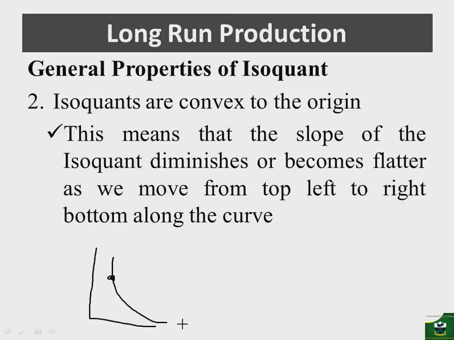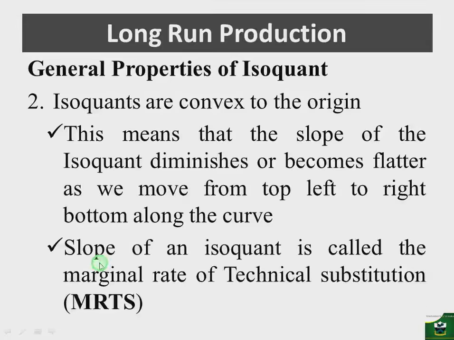In other words, the slope diminishes, and this gives you the convex isoquant. The slope of an isoquant, as termed earlier, is called the marginal rate of technical substitution, which is simply the rate at which one input can be substituted for another in the production process and leave output unchanged.